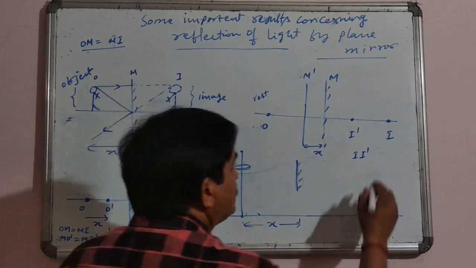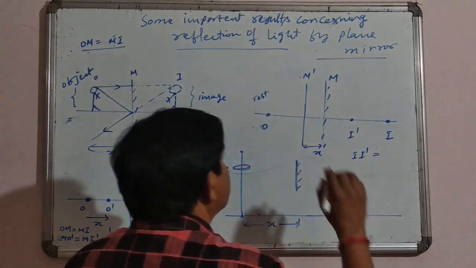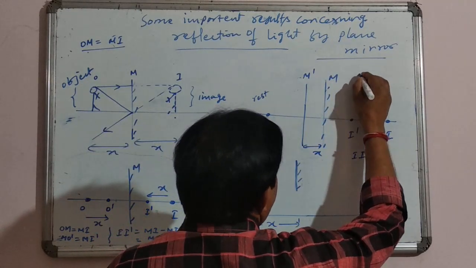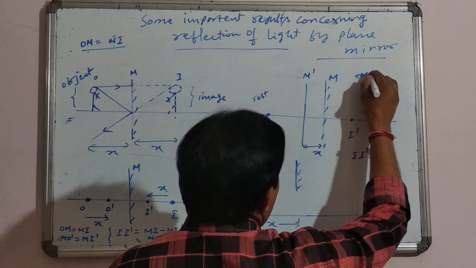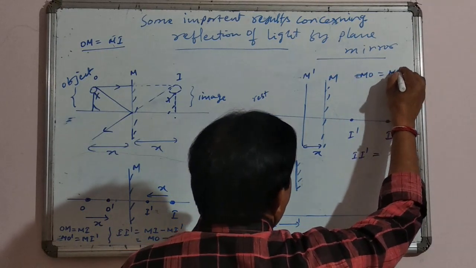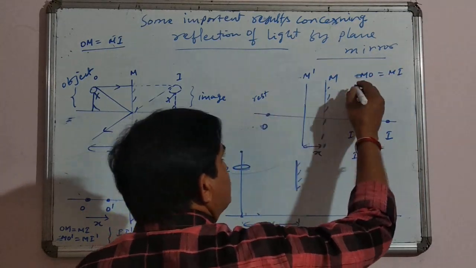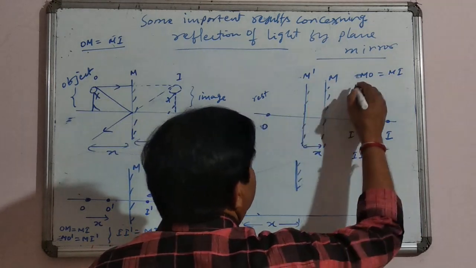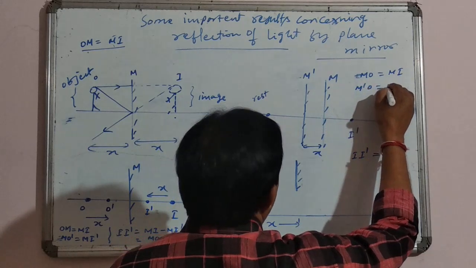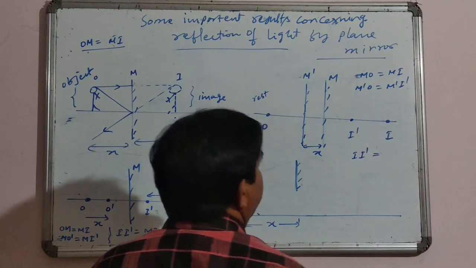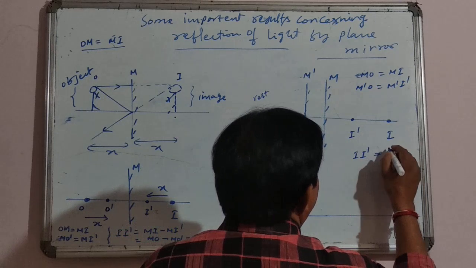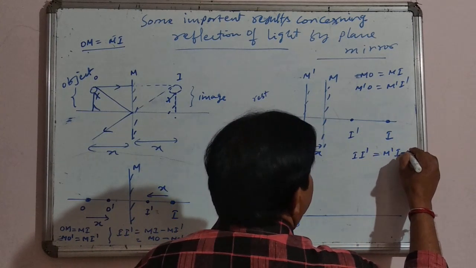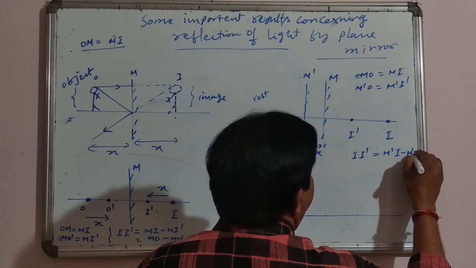Before going to this calculation, the conditions. Initial case: the distance of the object MO is equal to the distance of the image MI. Final case: the final position of the mirror, M dash O, is equal to M dash I dash. Now I dash is equal to M dash I minus M dash I dash.